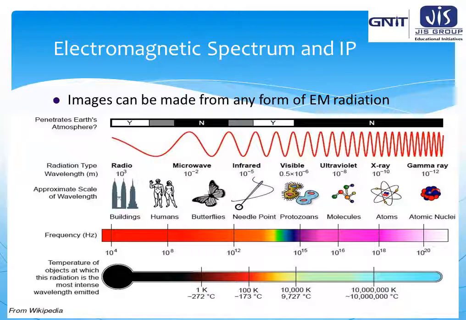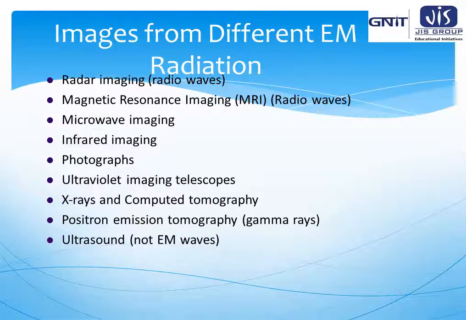If we move forward, we can see images from different electromagnetic radiation. The first one is radar imaging, radio waves. The second one is magnetic resonance imaging, which is also abbreviated as MRI. MRI is a very important term in the biomedical imaging field. It also uses radio waves.